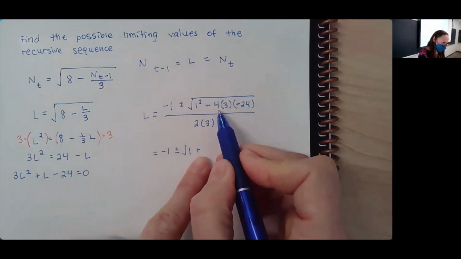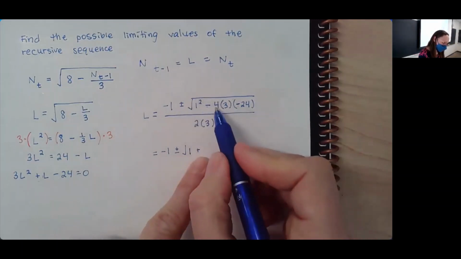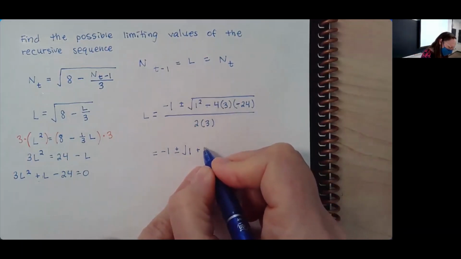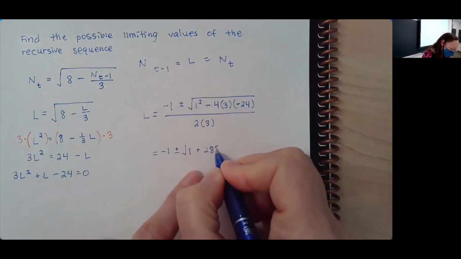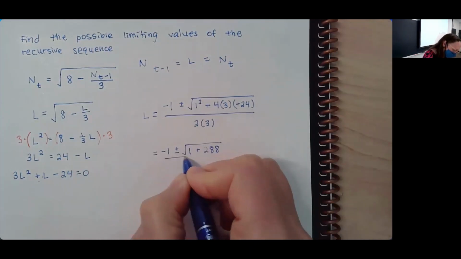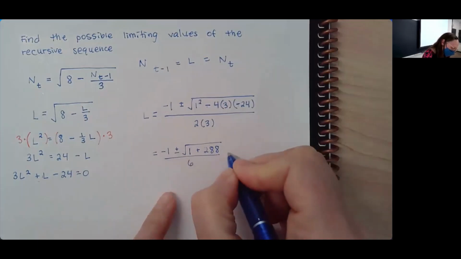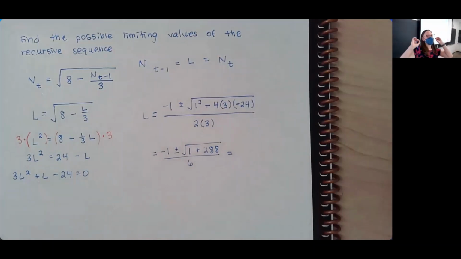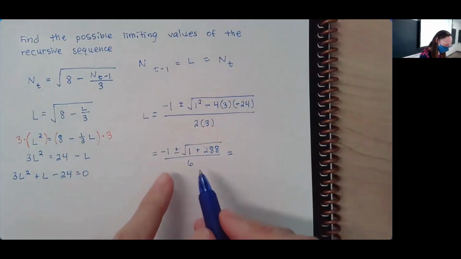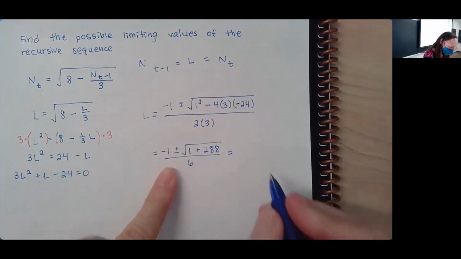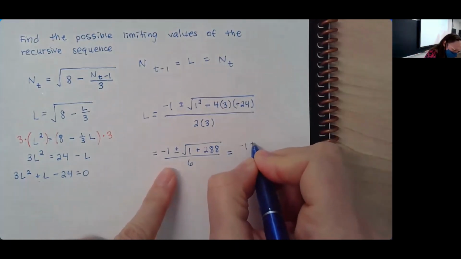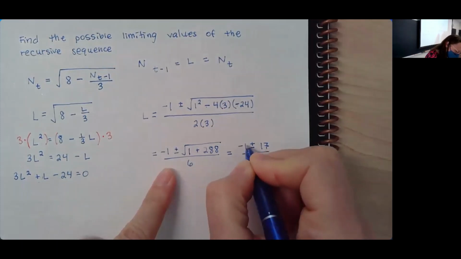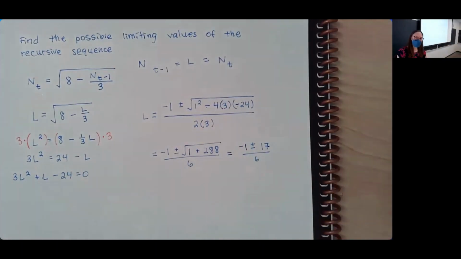So can someone, you've got a calculator for me, 4 times 3 times 24, what'd you get? 288, which when we add 1 becomes 289, which is the square root, or 17, which is 17 squared. So gross, but actually not as bad as it looked initially. So negative 1 plus or minus 17 all over 6. Good times.